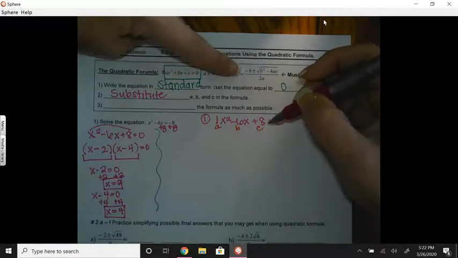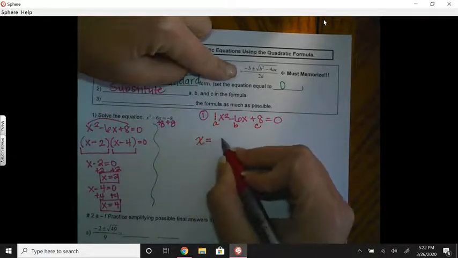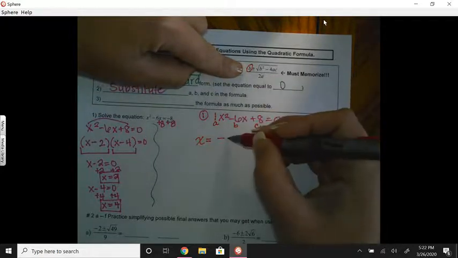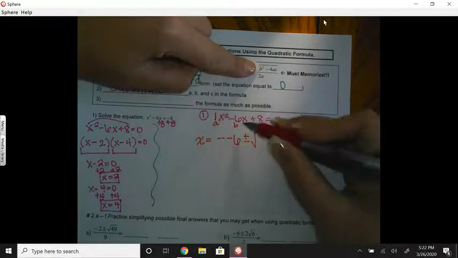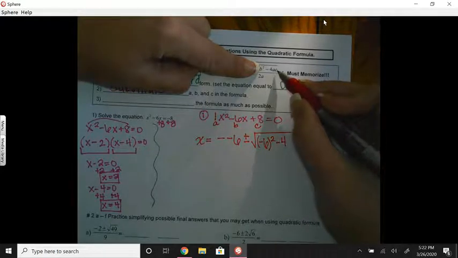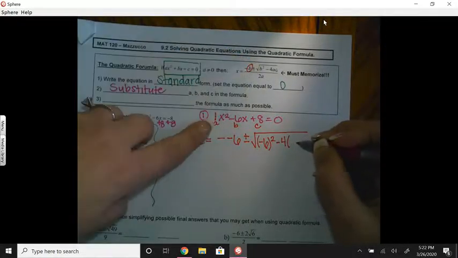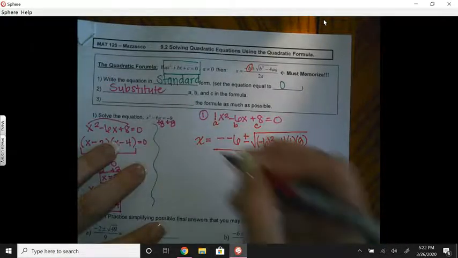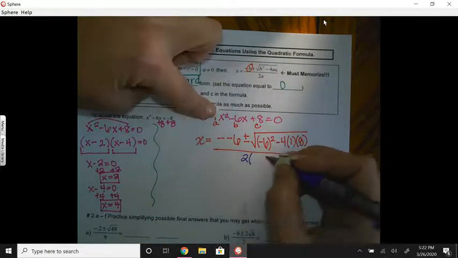So then to find out what number makes this equal to 0, it says x equals negative B. So we're going to replace this with negative 6 plus or minus the square root of b squared minus 4, and then an a and a c next to each other means multiply, so we're going to use parentheses for multiply, 4ac, the whole entire thing, divided by 2 times a.